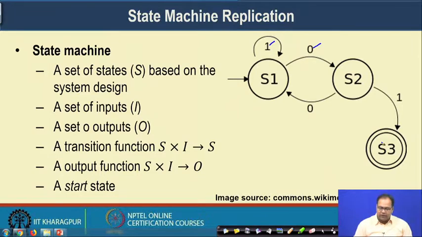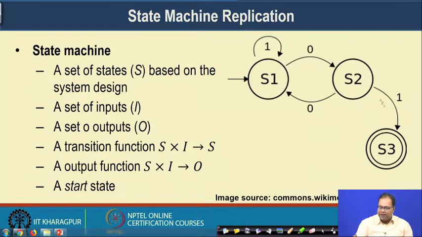Then a transition function. The transition function will take a state and an input, and it will produce a state as the output. Here from state S1, if you take 0 as an input, it produces state S2 as the output. So, this is a transition function. Then you have an output function which may produce the output of the system.